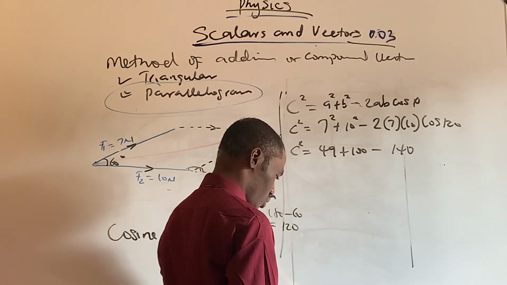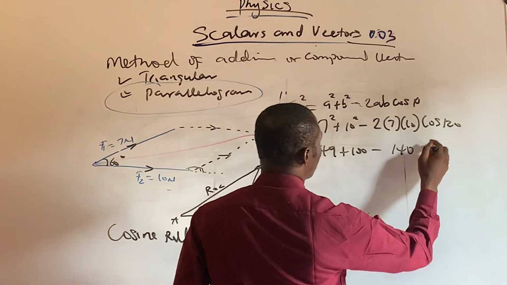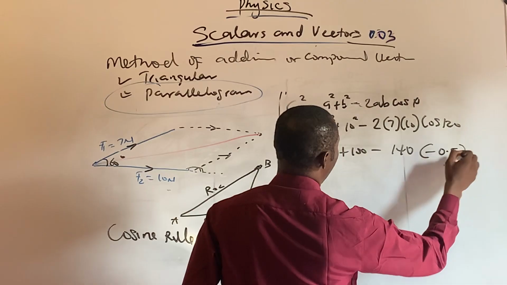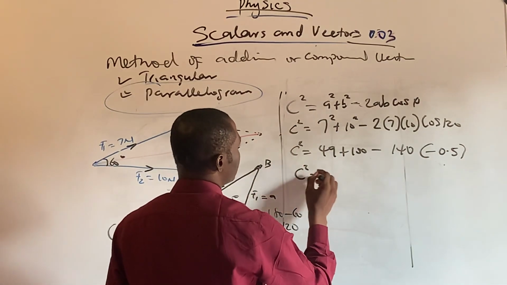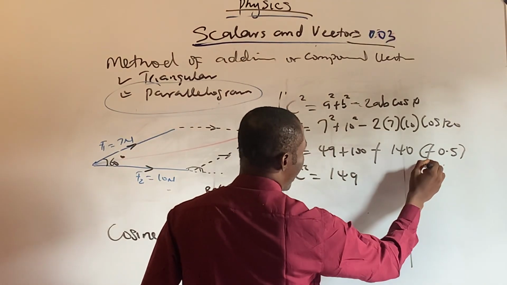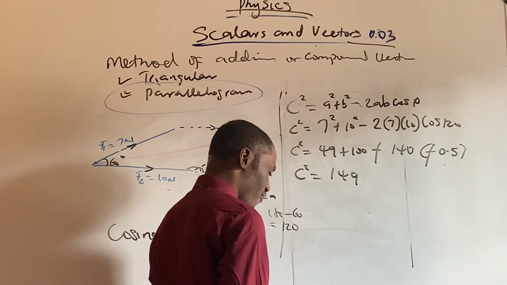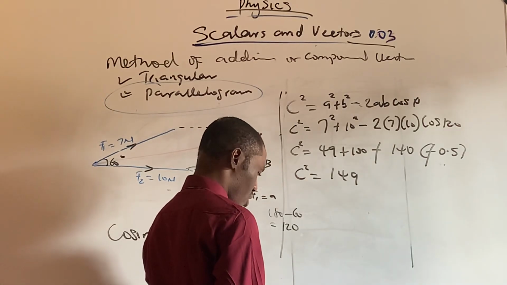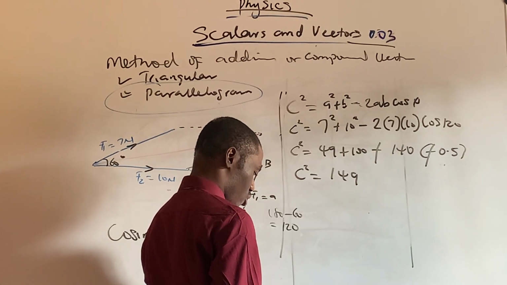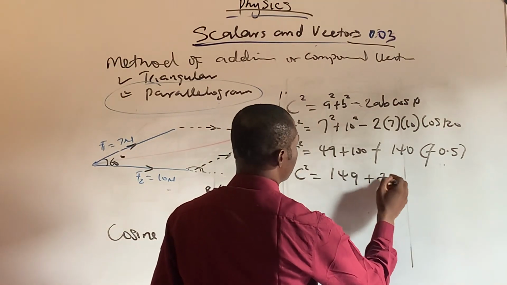So cos 120 is minus 0.5. So what I have, if I add up this becomes 149, and then minus will cancel minus, and then I have 140 times 0.5. So what I have there is 70, so I have plus 70.